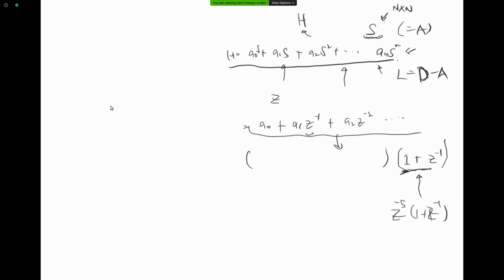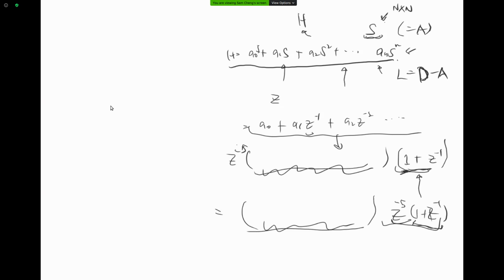If I apply the filter after the delay, it is the same as applying the filter directly and then delaying afterward. So regardless of what the polynomial is, whether I first delay my signal for some time and apply the filter, it will be the same as applying the filter immediately and then delaying the operation.